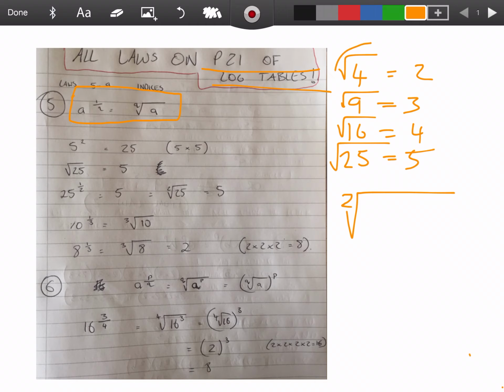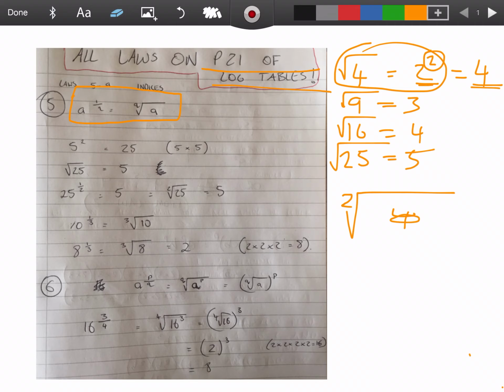Like I've shown you here, the square root of 4 is 2, because 2 squared gives you 4. So when we're talking about a root, we've got all of those things.